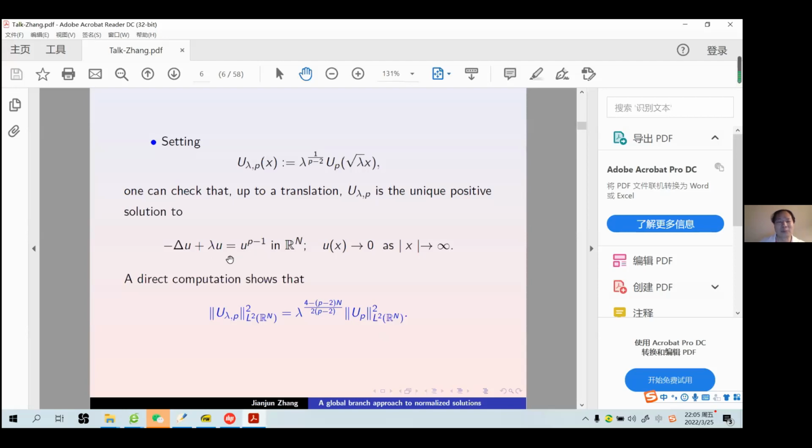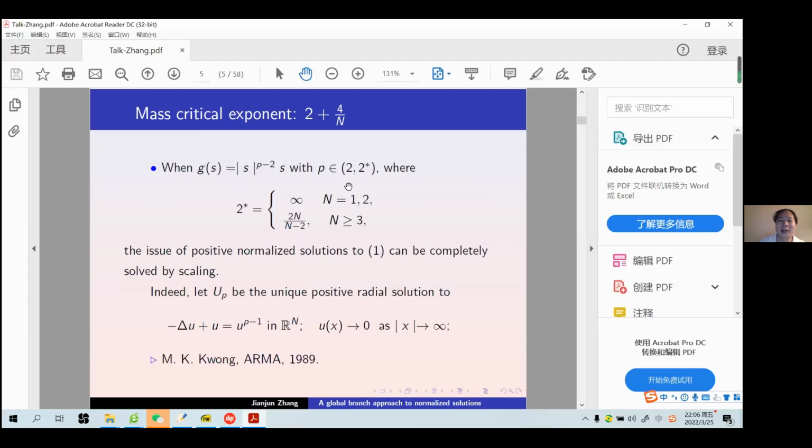Actually, we know no, because if P is 2 star, the problem has no non-trivial solution for lambda positive. So in our work, we can just consider the case of P belonging to this range.